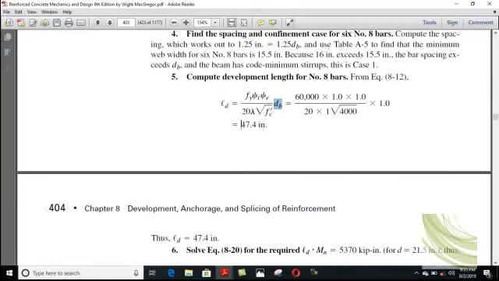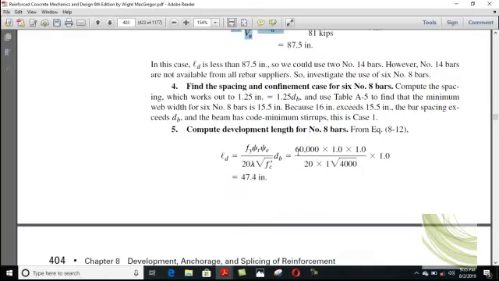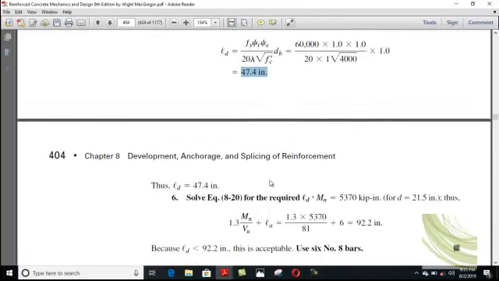So your development length is reduced. If this criteria is not fulfilled, you need to decrease the size of the bar, because when you decrease the size of the bar, your development length decreases.